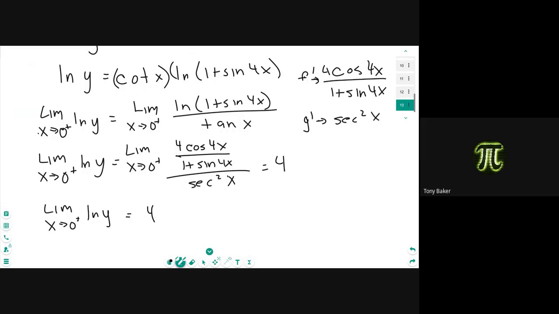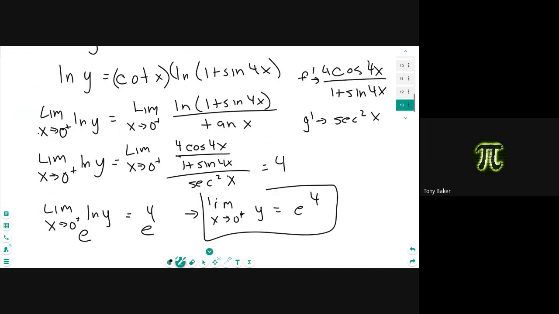E. E and ln cancel each other out. So if I take e to both sides, now that's gone. So that becomes the limit as x goes to 0 plus of y equals e to the 4th.